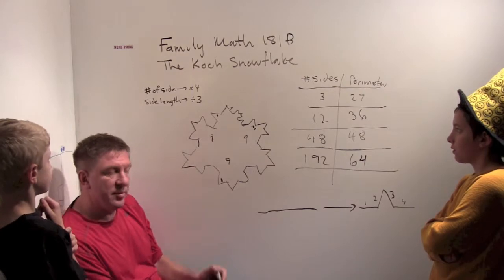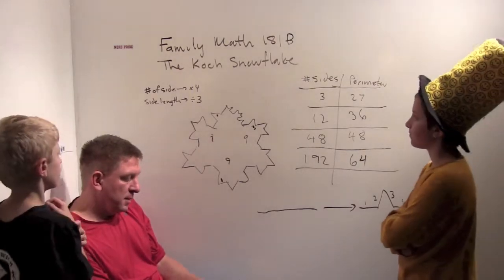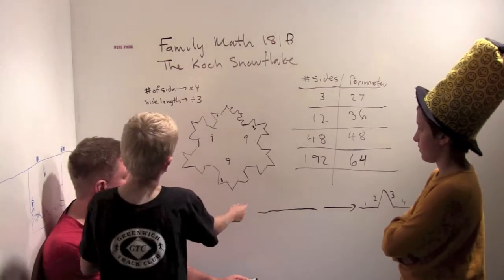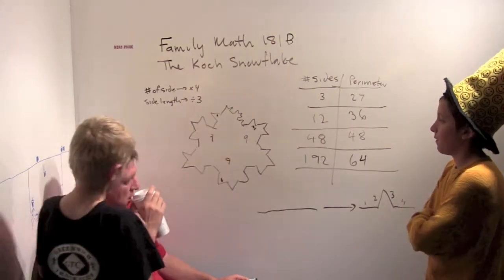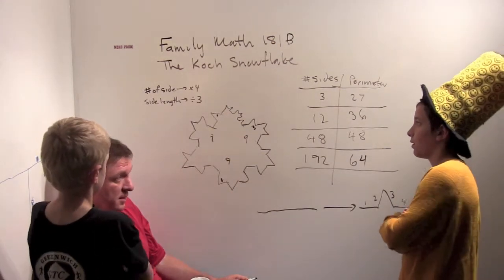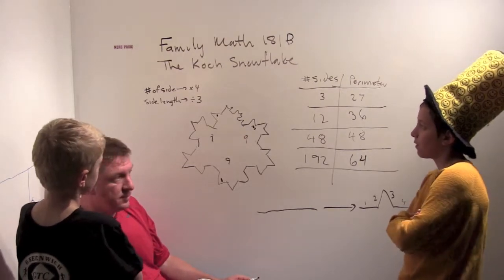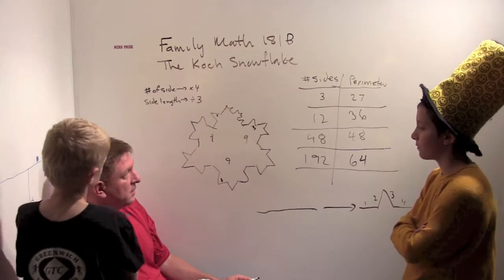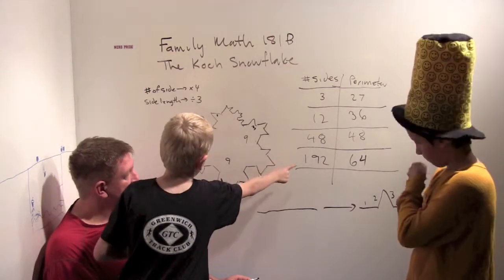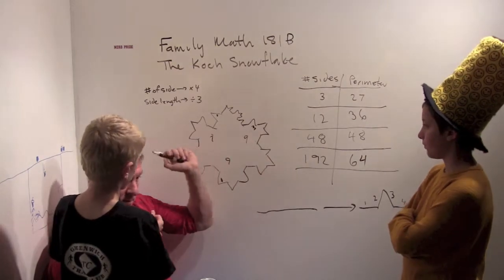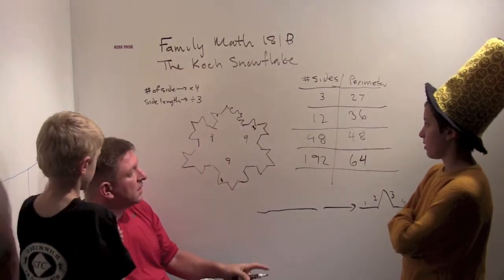Okay. So what's that going to do to the perimeter? How do I find the perimeter? Well, you add up all of the side lengths. What's another way to find the perimeter? Well, if we take the number of sides and then we multiply it by what the side lengths are.